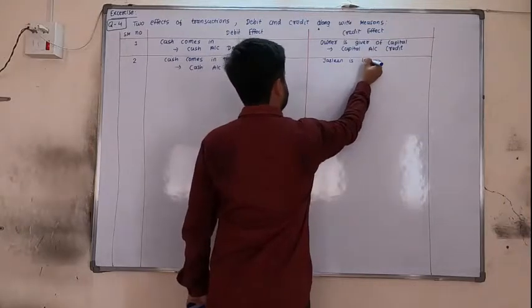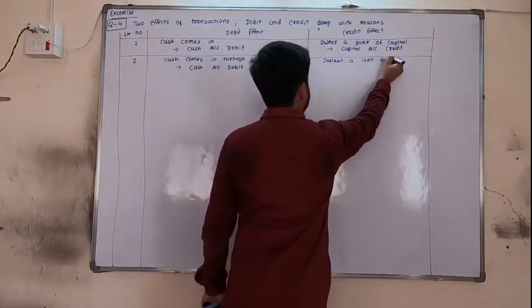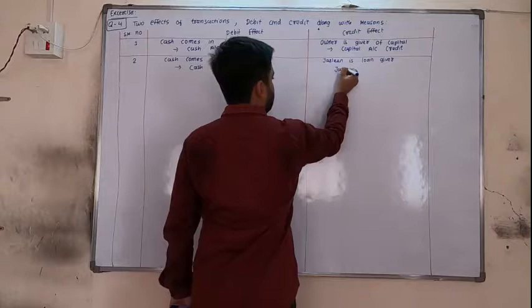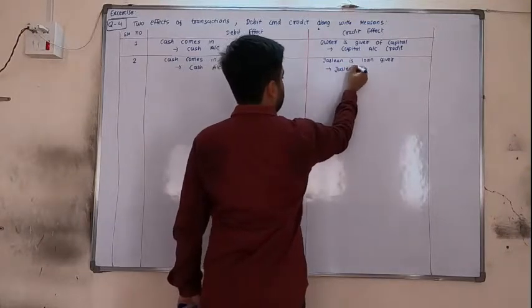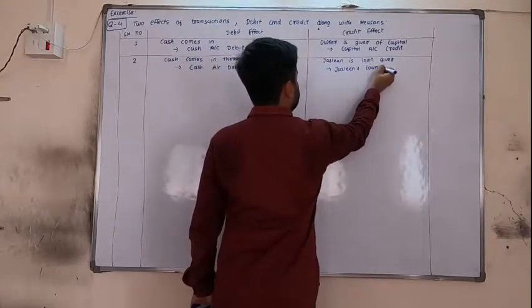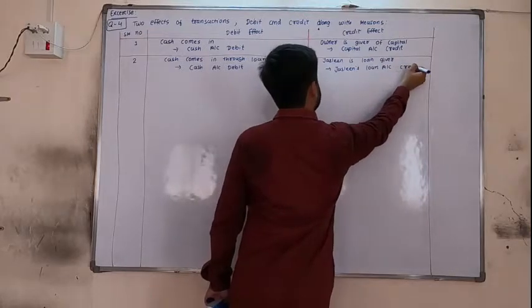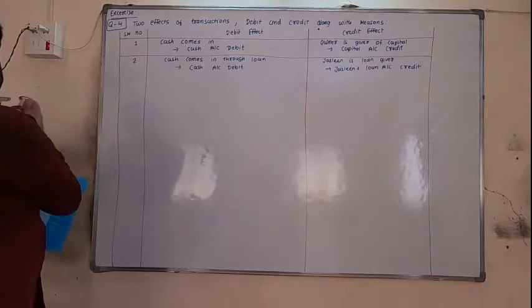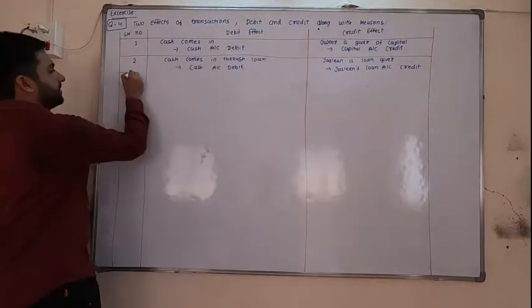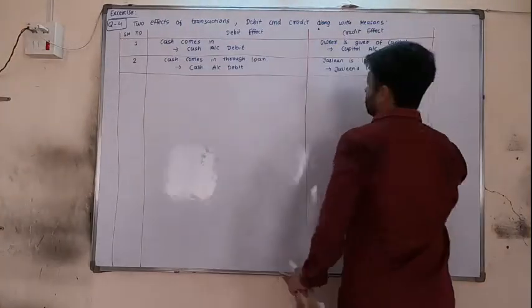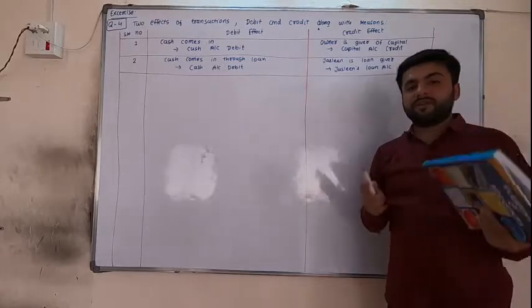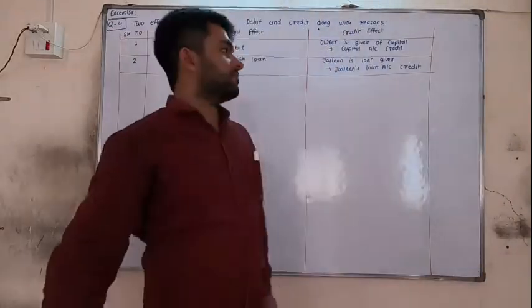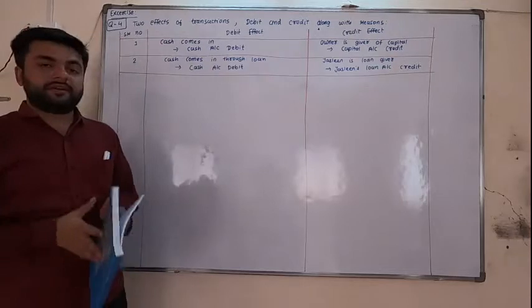Jaslin is loan giver, so Jaslin's loan account credit. Okay, cash is coming in through the loan, so cash account debit. Jaslin is the giver of the loan, so Jaslin's loan account credit.